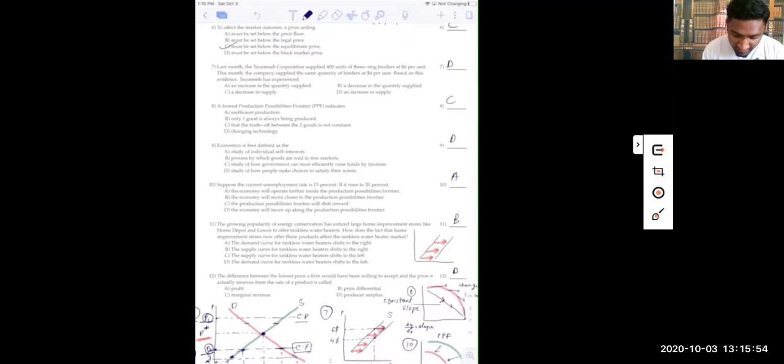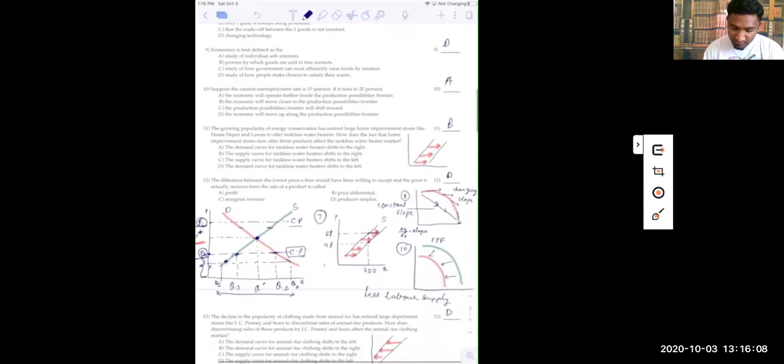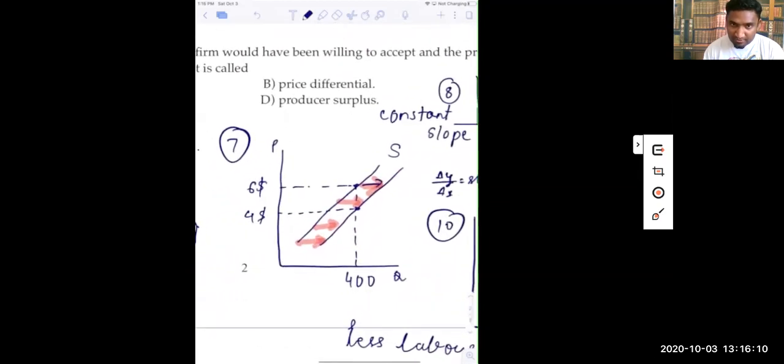Last month, the Tecumseh Corporation supplied 400 units of 3-ring binders at $6. Now it's supplying the same quantity at $4. So based on this, what has it experienced? Take a look at this graph. This is the quantity that it was supplying earlier at $6. Now it is supplying the same quantity at $4. So this can happen only when the supply curve moves from S1 to S2.